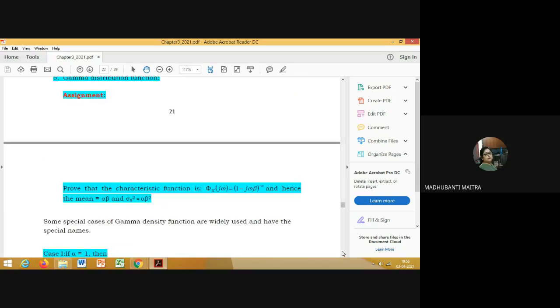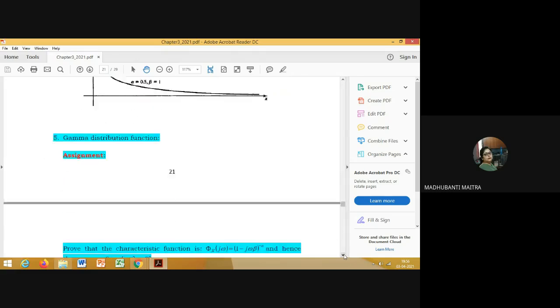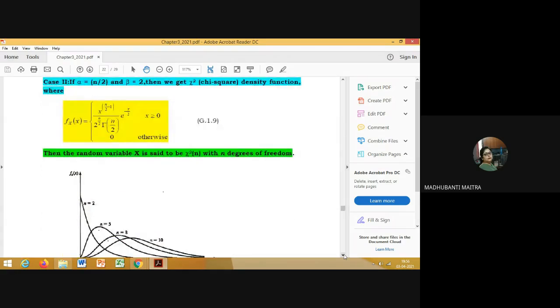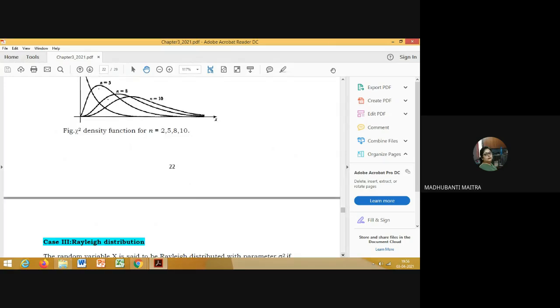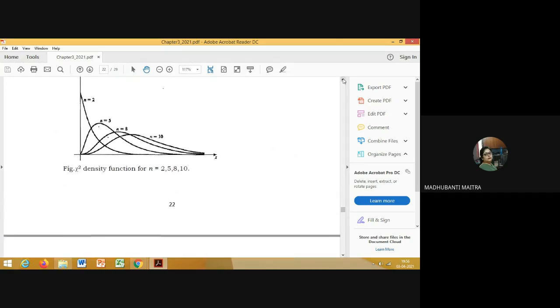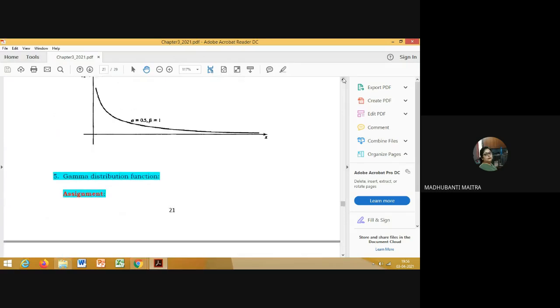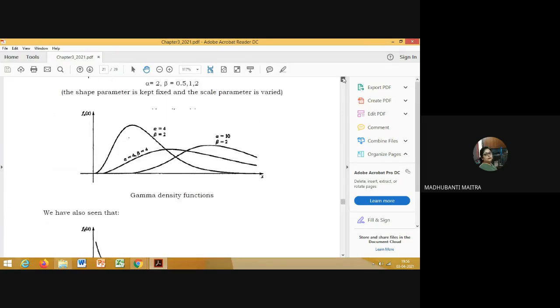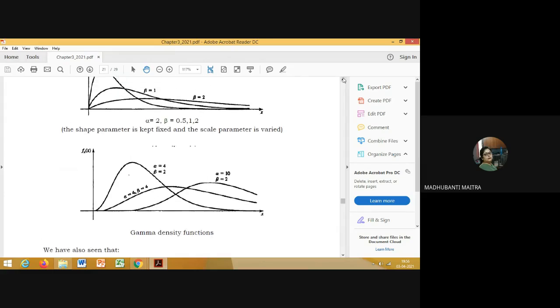Now the next plot, again we can see various gamma density functions.